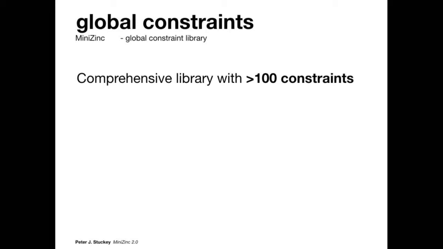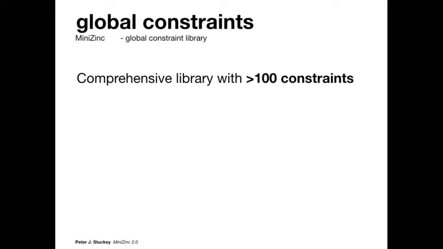So the fact that we have an all-different predicate in our model means that, using these different decompositions, we can get different behaviors. We can run the same model on very different solving technology. And there's a comprehensive library in MiniZinc with over 100 constraints.